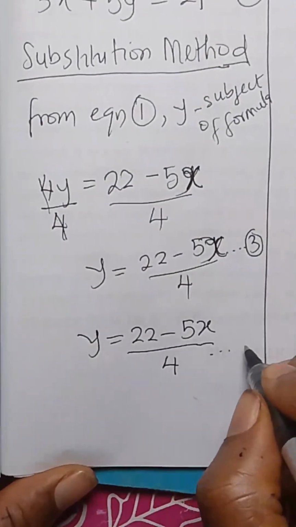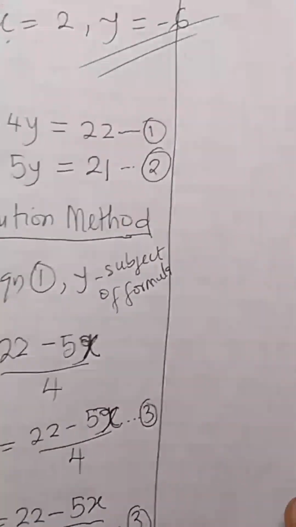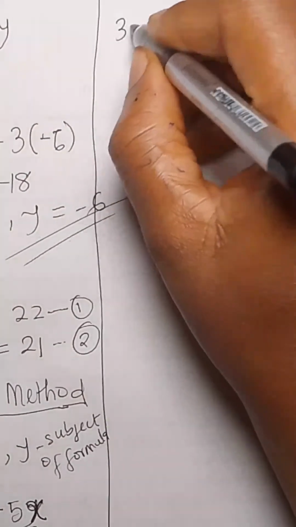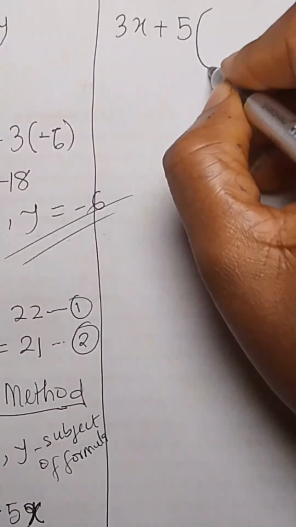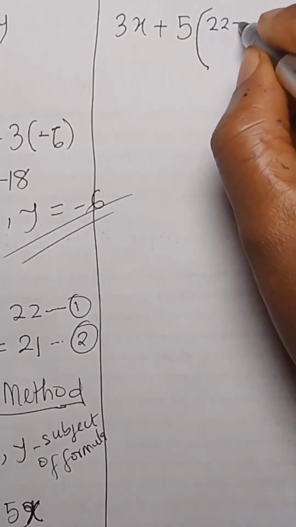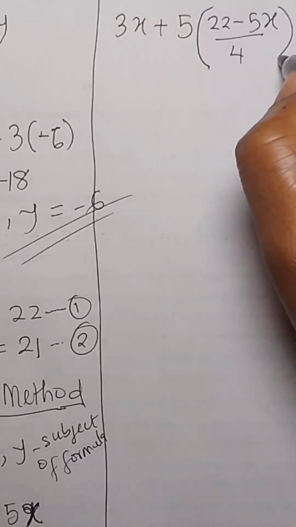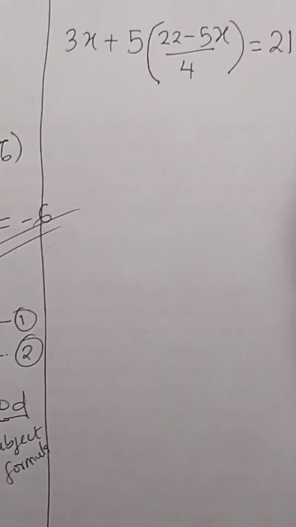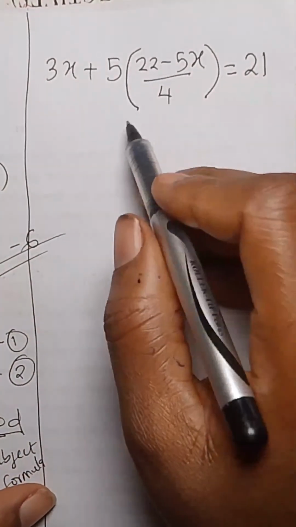That is equation 3. We substitute it into equation 2, where we have 3x plus 5y. So write 5 and put our y, which is 22 minus 5x all over 4, and it's equal to 21.